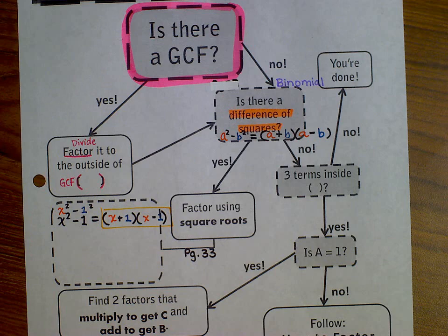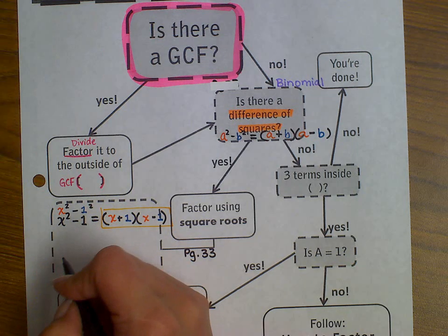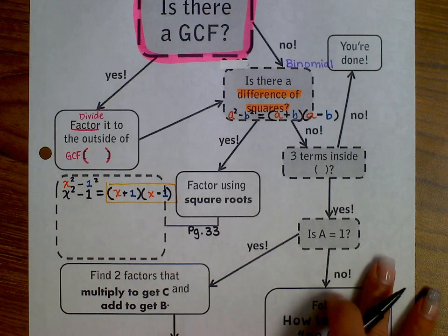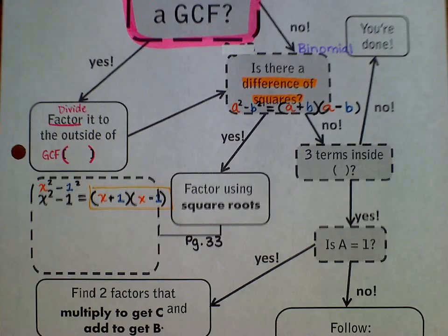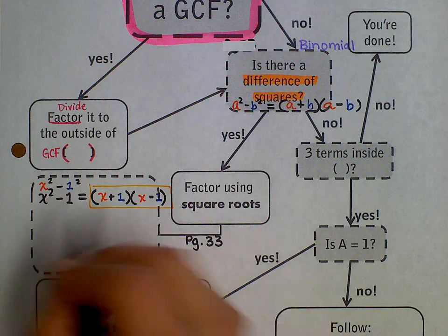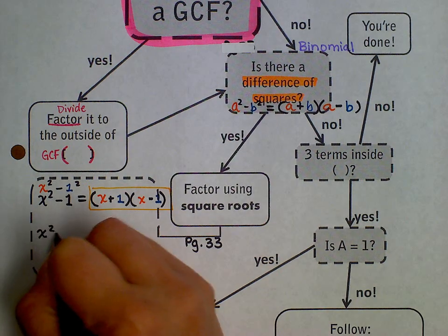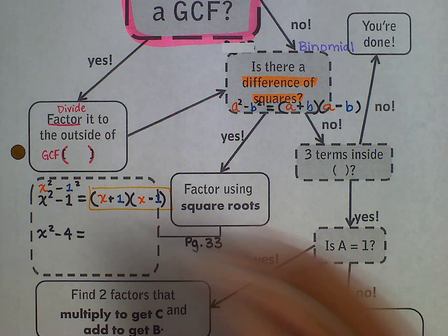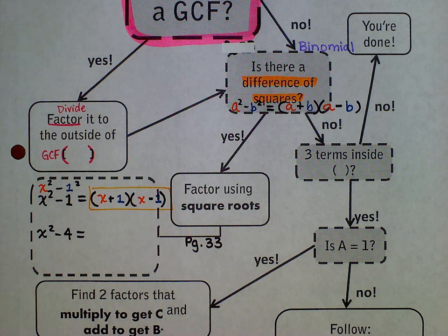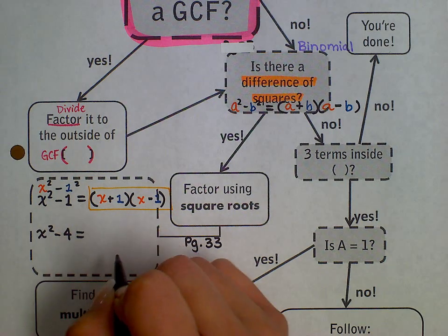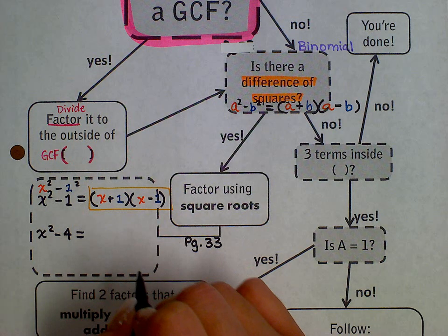Okay. I'm only going to have 3 examples in here, so I left ample room for you guys. What about x squared minus 4? What should I write? Can you write the final factored form?